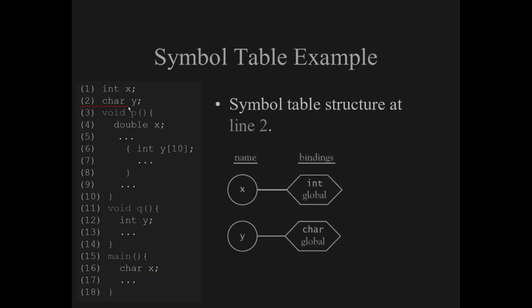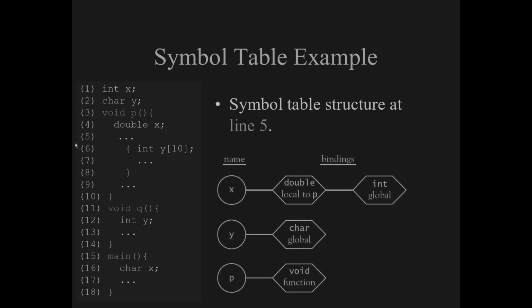At this point, you have two things in the symbol table. The first is the binding between X and these attributes, int and global, and the same thing with Y, character, and global. Then you have the name p, which is a void function, and what you've done here is push the new declaration of x onto a kind of stack.